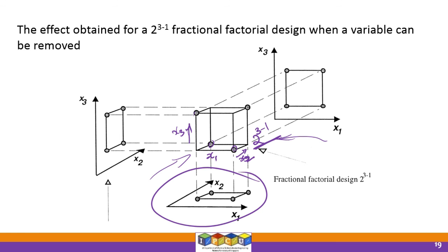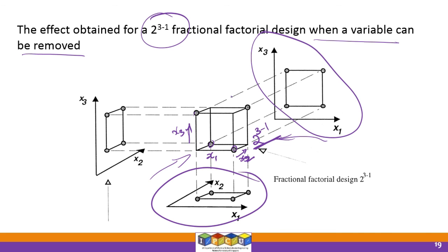So when a variable can be removed, a fractional factorial design projects into a full factorial design. That is the idea. So in this case, if you're able to remove x2, this fractional factorial design becomes a full factorial design in x1, x3, in those variables.